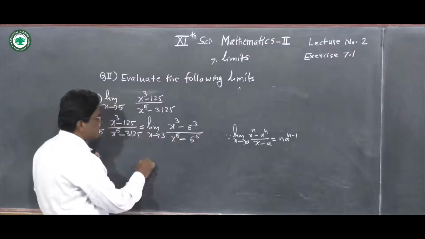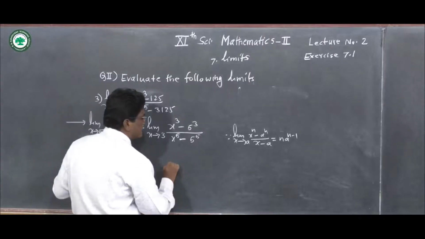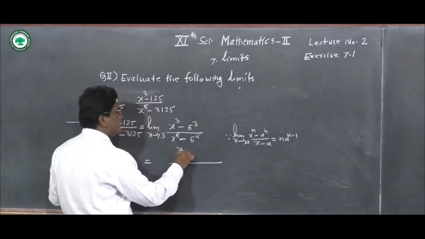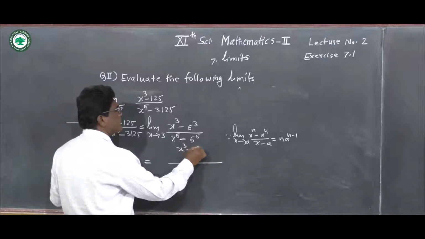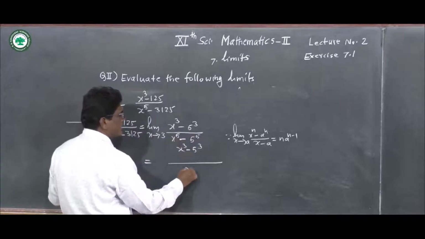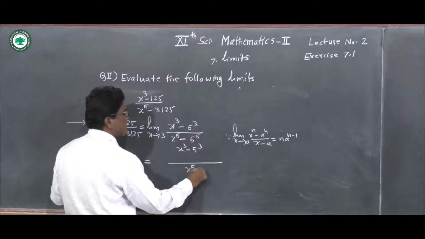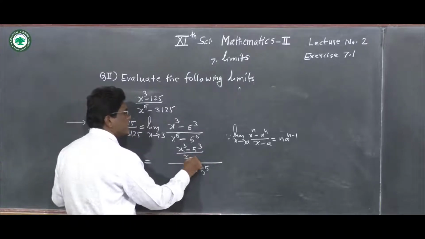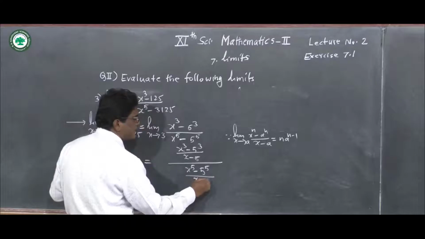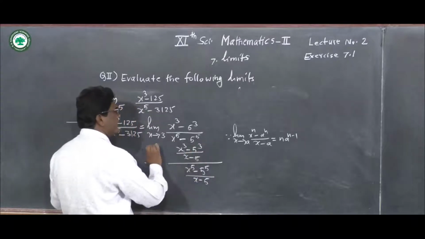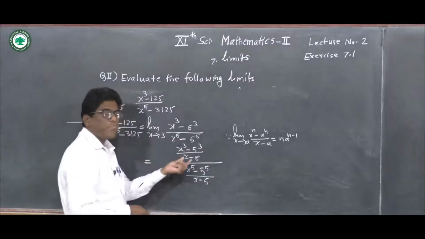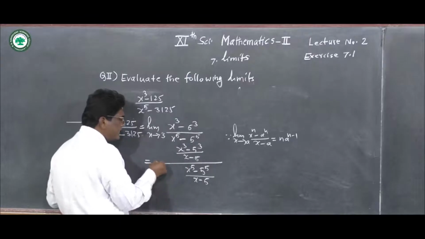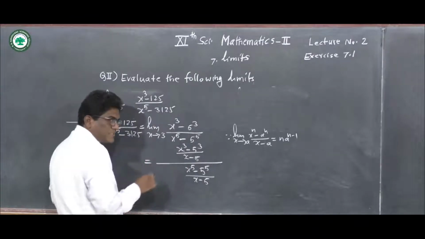So this is equal to x to the power 3 minus 5 to the power 3, and in the denominator x to the power 5 minus 5 to the power 5. Divide this by x minus 5, also divide this by x minus 5, dividing numerator and denominator by x minus 5, and then take the limit of numerator and denominator separately.